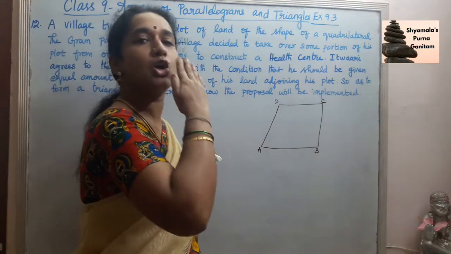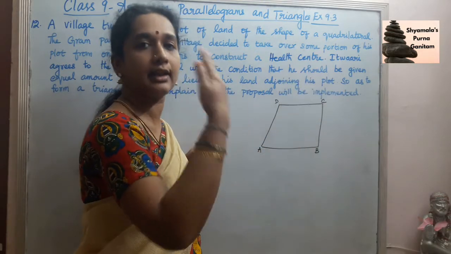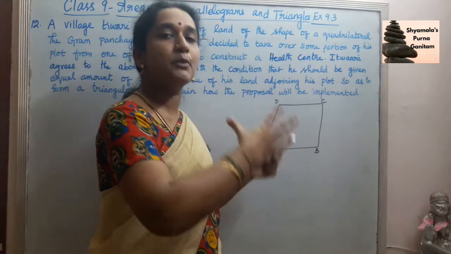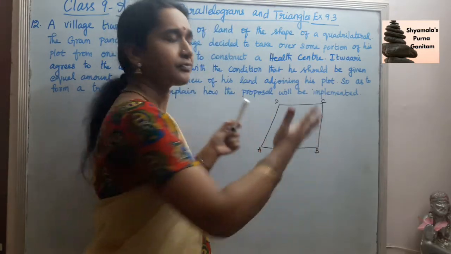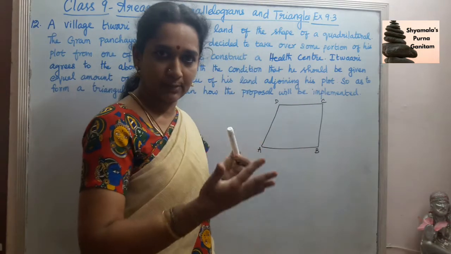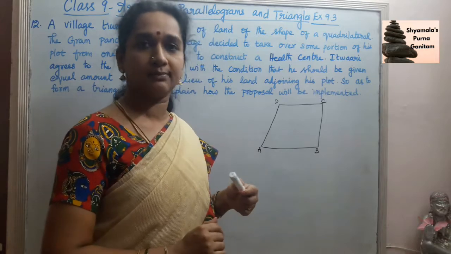So when one corner of the quadrilateral is removed for constructing the health center, the same area of land has to be given near this quadrilateral shaped field such that he will be getting a triangular plot.